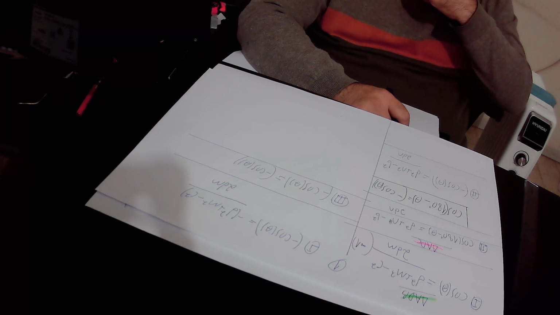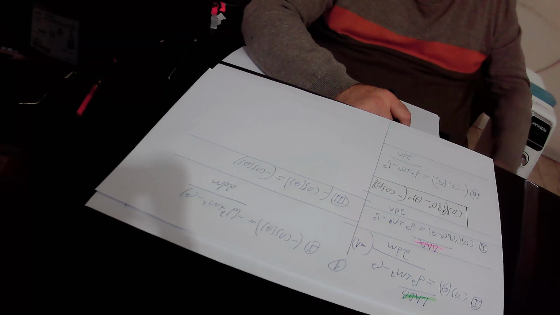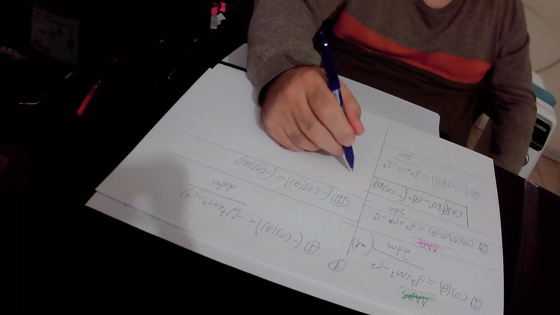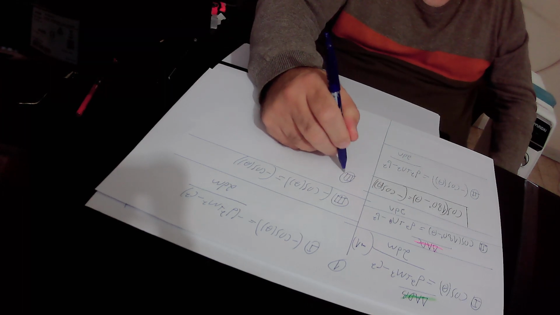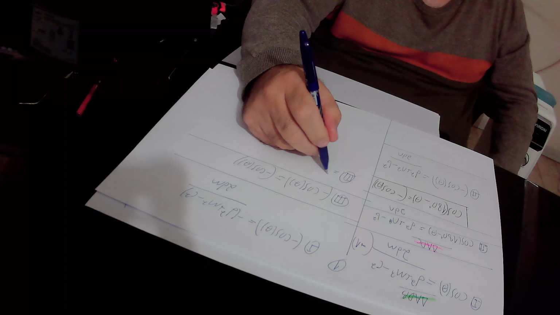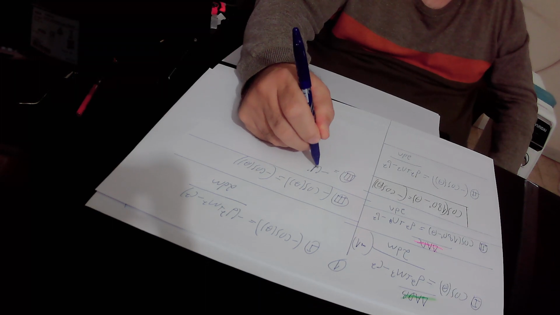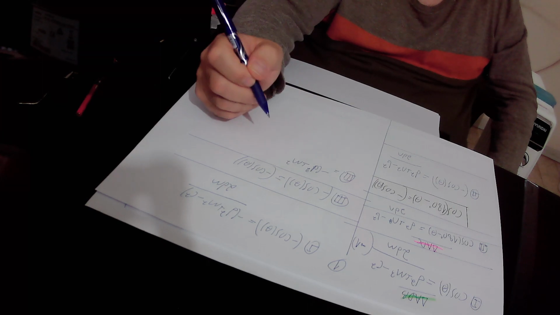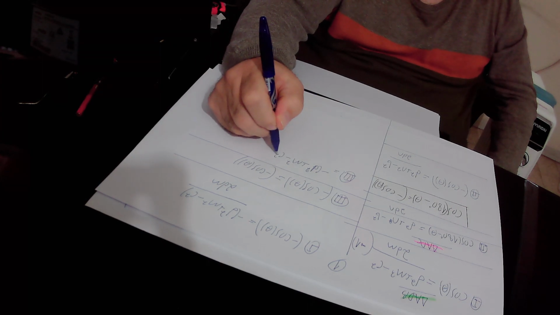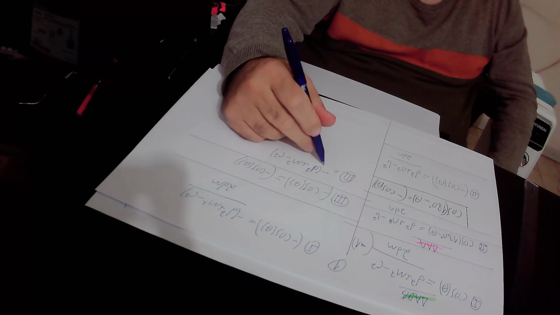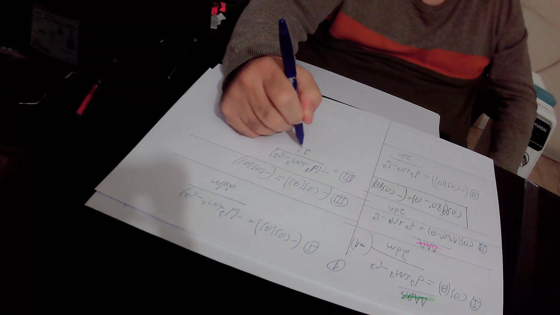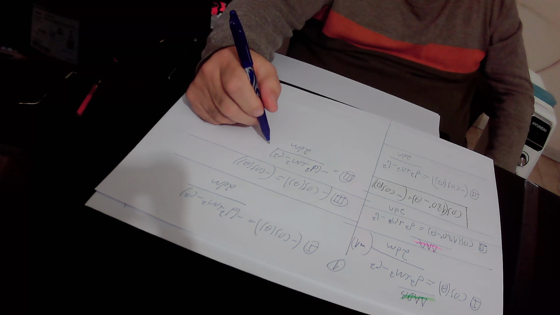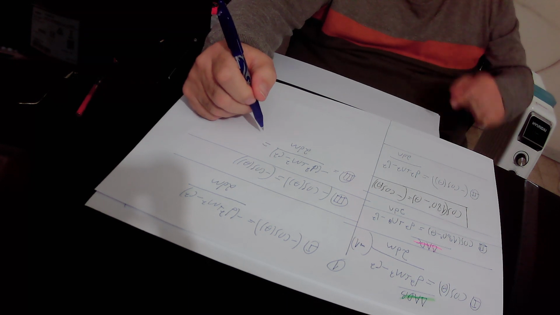So minus cosine theta according to equation number 1 is equal to minus d squared plus m squared minus c squared over 2 times d times m, and it must be equal to minus cosine theta according to equation number 2.